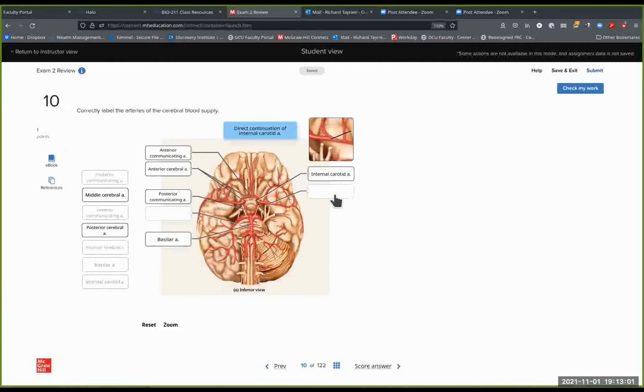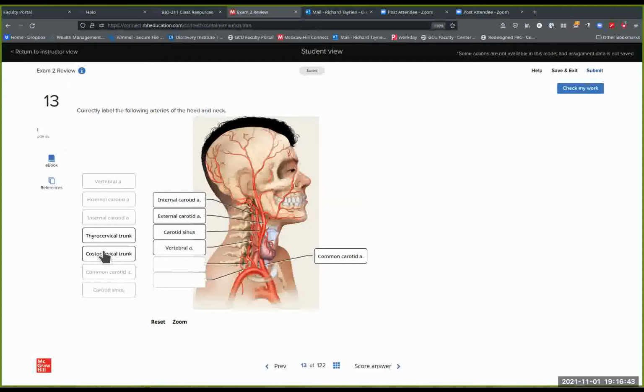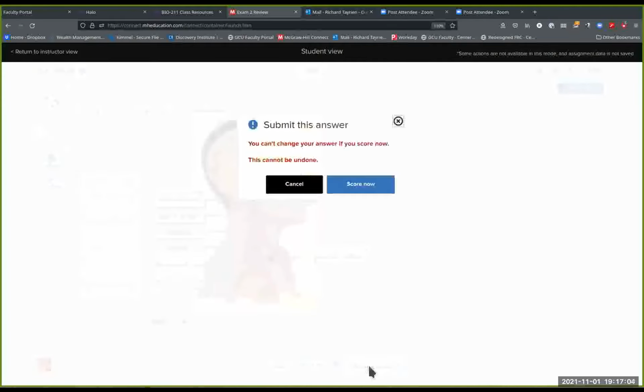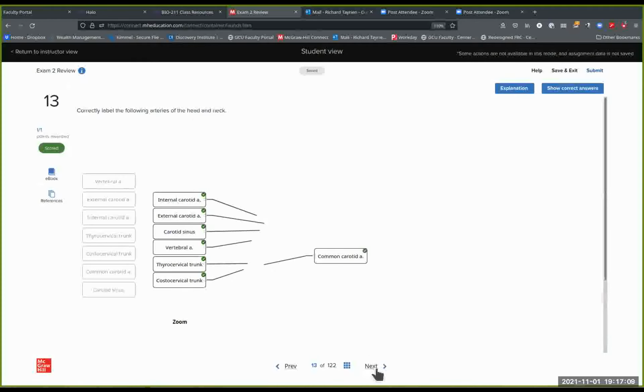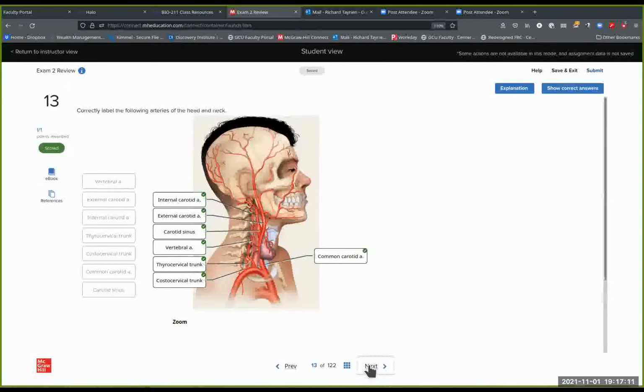So the costocervical trunk, I believe it's pointing to, let's see. I think it's that one. Thyrocervical, I believe, is there. Okay, good.